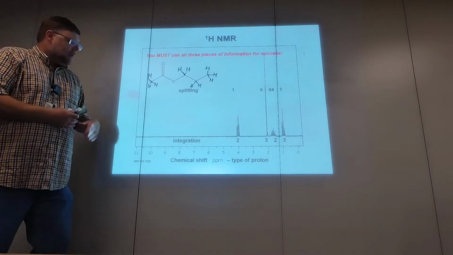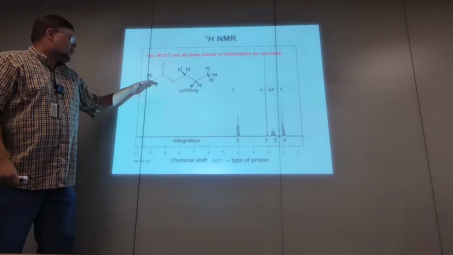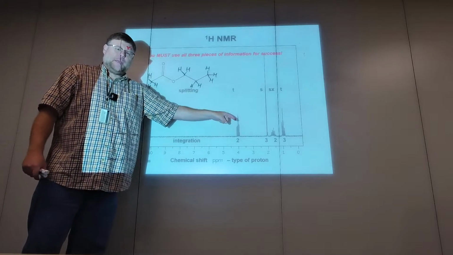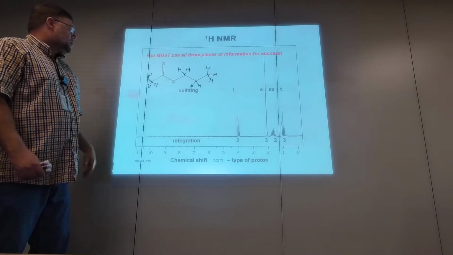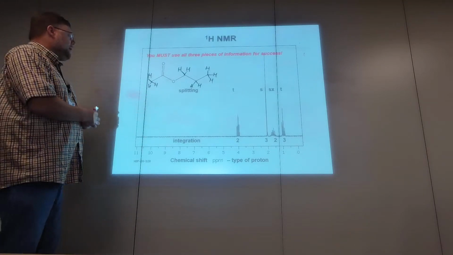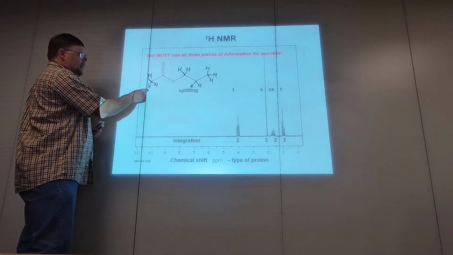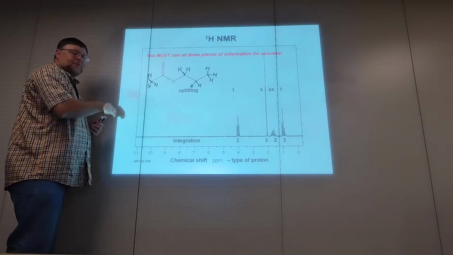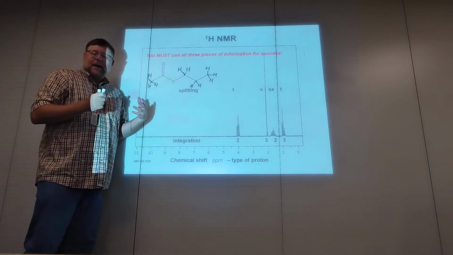Now remember, every peak in the proton NMR spectrum corresponds to a proton, and every proton has to match a peak down here. So let's just start off, here's a CH3. The question is, how many other protons are within 3 sigma bonds of these? Now you don't count themselves, okay?